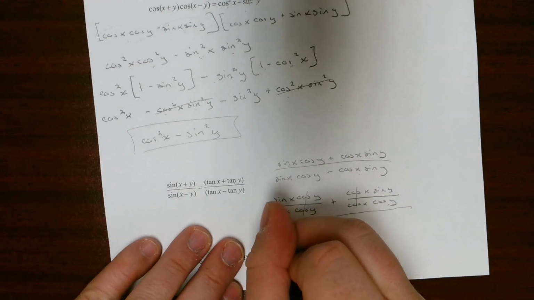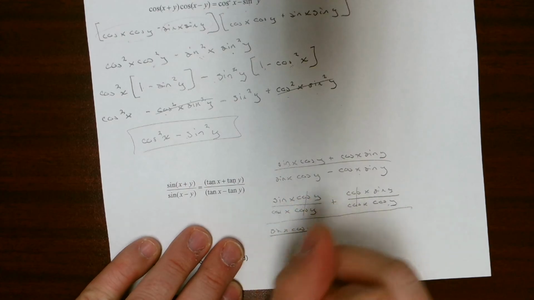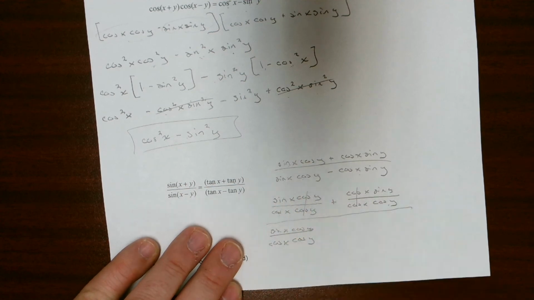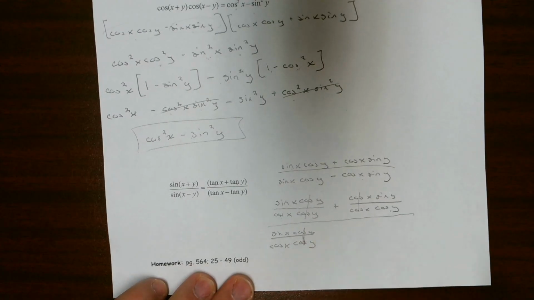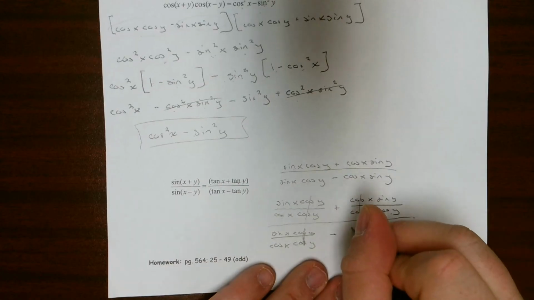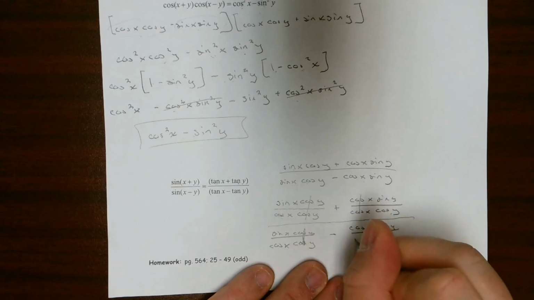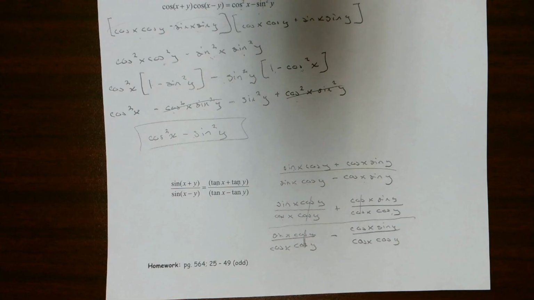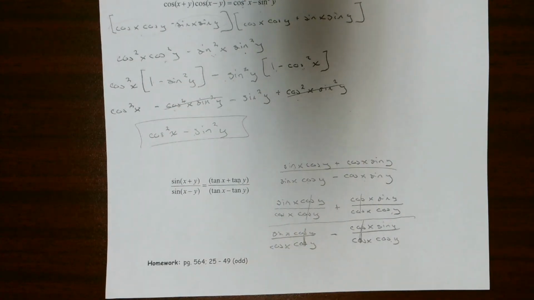The bottom we had sine x cosine y, and we're dividing everything by cosine x cosine y. Well, there's our tangent of x right here, cosine y is canceling out. Our last term to check on the bottom was cosine x sine y, and remember we're dividing everything by cosine x cosine y. Well, our cosine x's would cancel out, and sine over cosine of y is tangent of y.